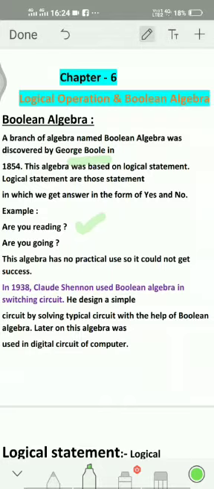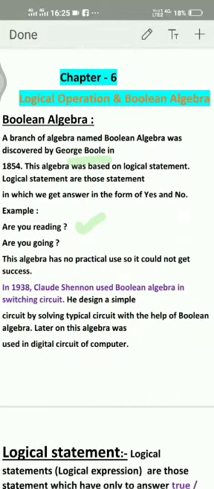But after 1938, this algebra was used by solving typical circuits. So before 1938 there was no use of Boolean algebra, but after 1938 it was used to design logic circuits. And who used Boolean algebra for designing logic circuits? Mr. Claude Shannon.